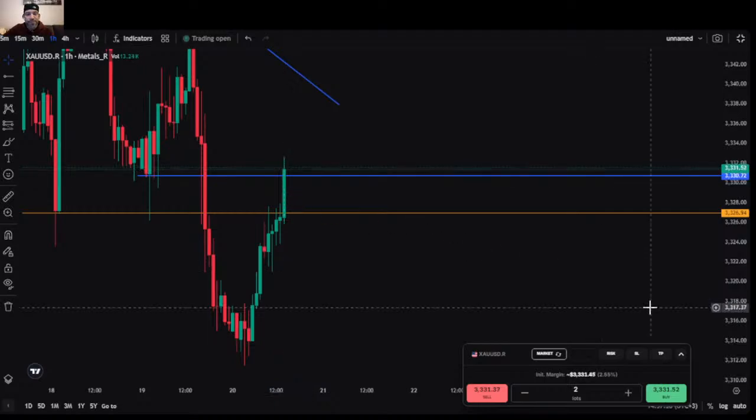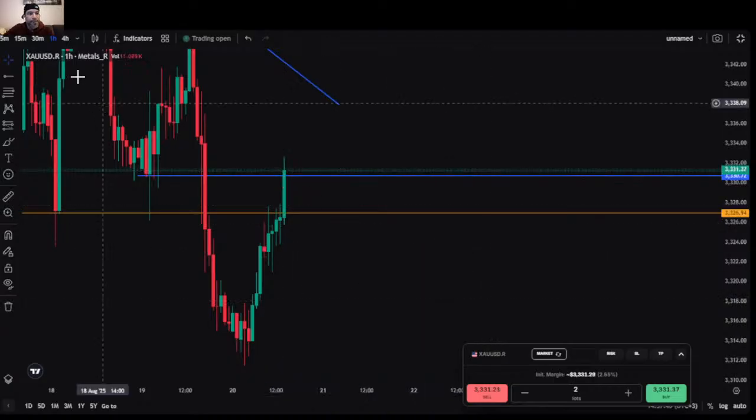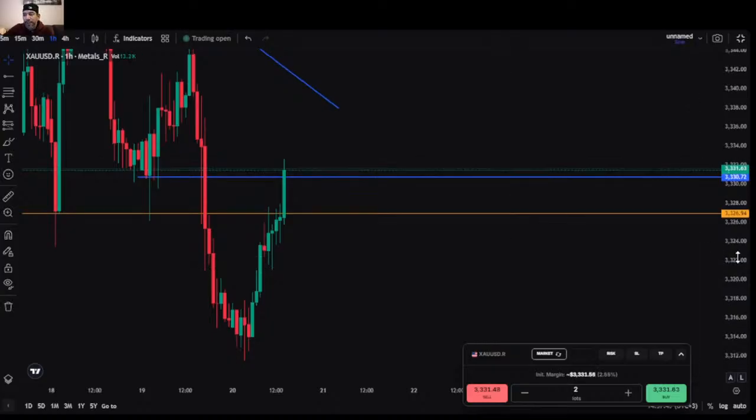Let's see. Yeah, if it closes below this support here, then that's a good sign. Look at that. It wicked us out and now it's pulling back down here. But let's be patient. Let's wait on it and see what happens.